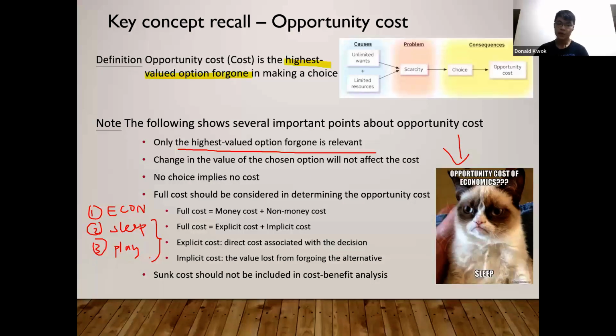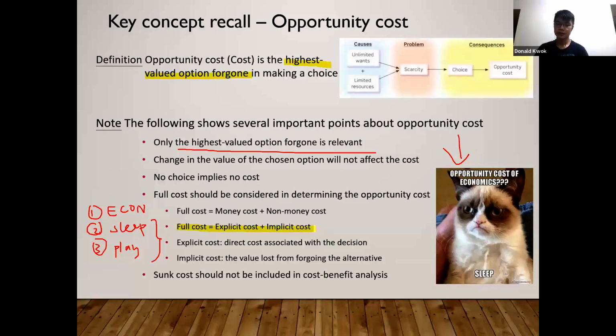And the fourth bullet point: full cost should be considered in determining the opportunity cost. So I have several smaller bullet points under this one. Full cost is money cost plus non-money cost, or we also say that full cost is explicit cost plus implicit cost. So let me make up some examples to illustrate the idea of explicit cost and implicit cost.